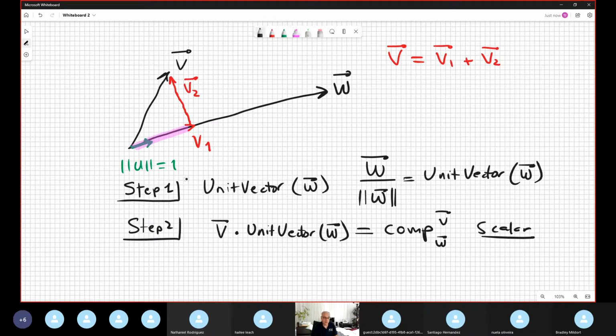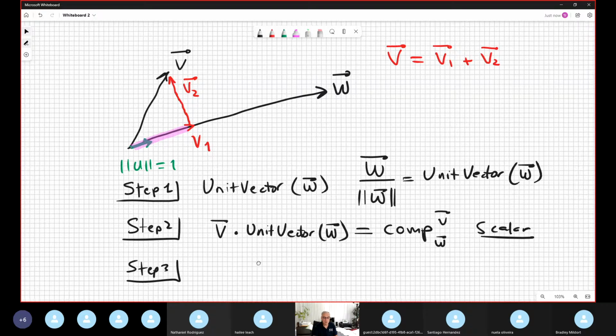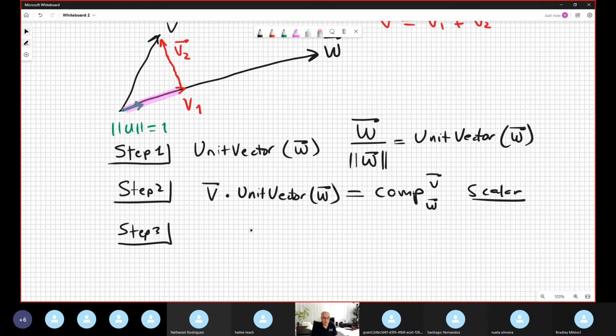Step 3, well, I want to find B1. I know the length, so B1 vector is equal to the scalar component, this number, multiplied.